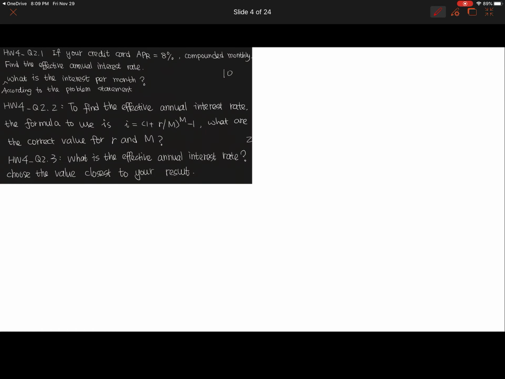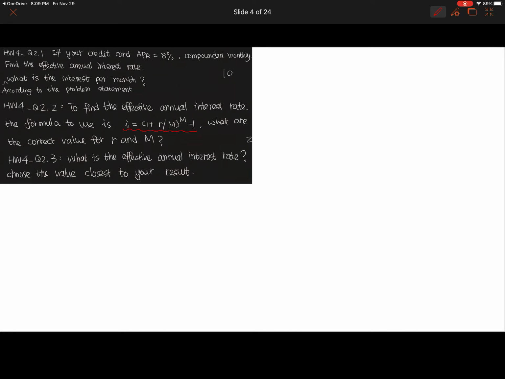The second problem is, if your credit card APR, which is the nominal interest rate, is 8%, but it's compounded monthly, not yearly, then find the effective annual interest rate. So we introduced that formula, right? And that formula is here.